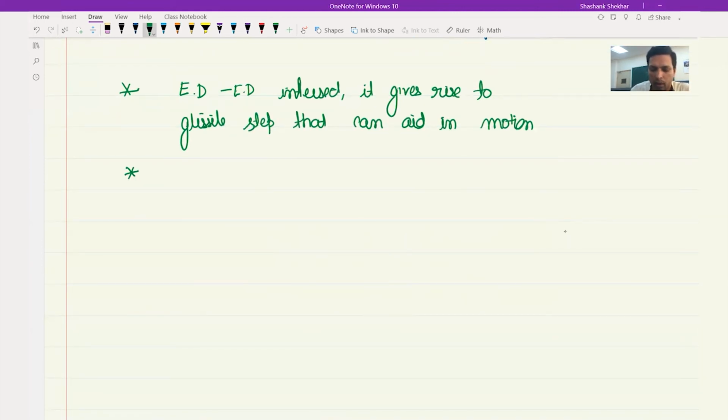When you have a step in the screw dislocation, which is jog in character, then it is sessile.